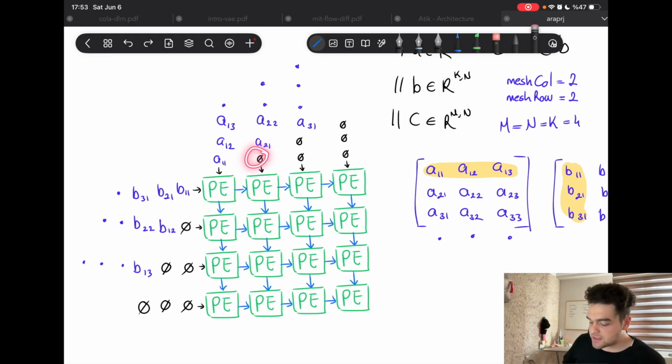Because imagine if there is no zero here, there is no bubble here, A21 will come too early and it wouldn't be multiplied by B21. So at the second cycle, these two will be multiplied and stored here. So we need to preserve this bubble. Unfortunately, these will have a specific pattern. As long as we preserve this pattern, we will be able to do matrix multiplication.